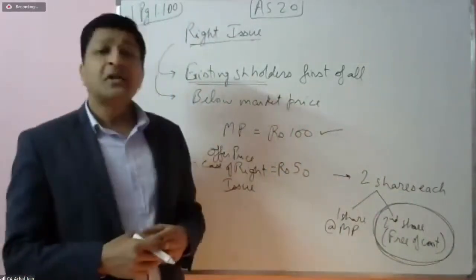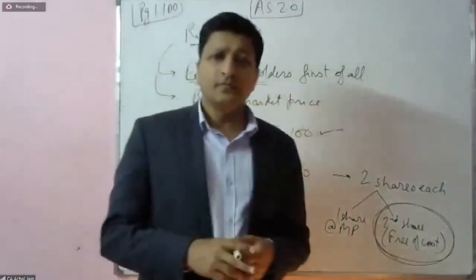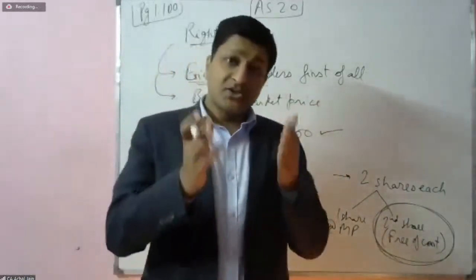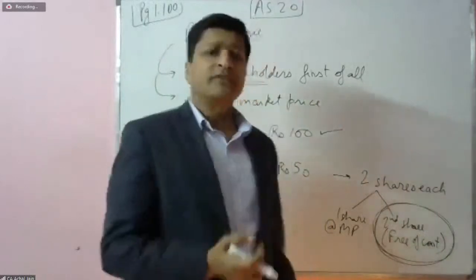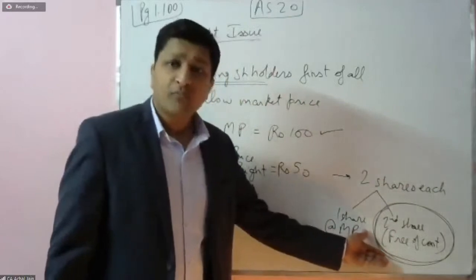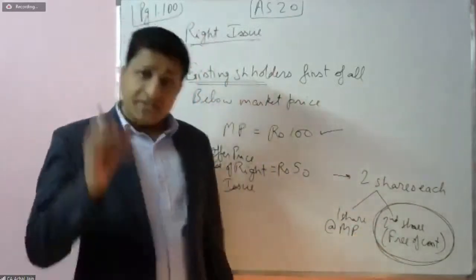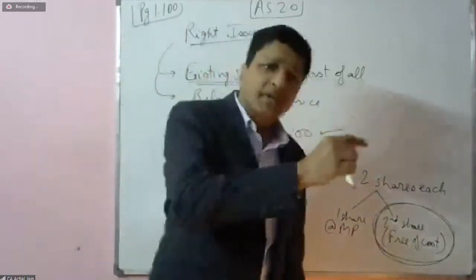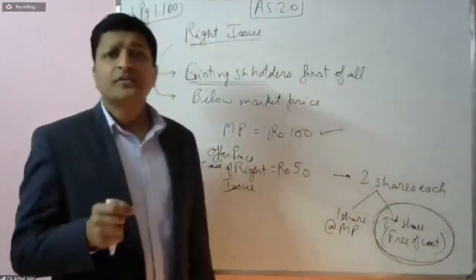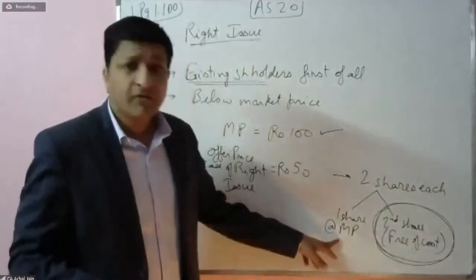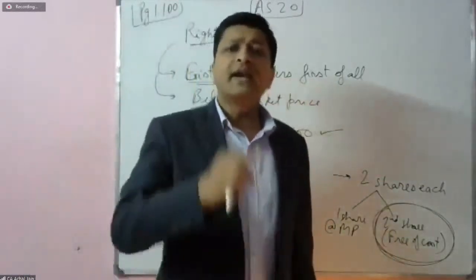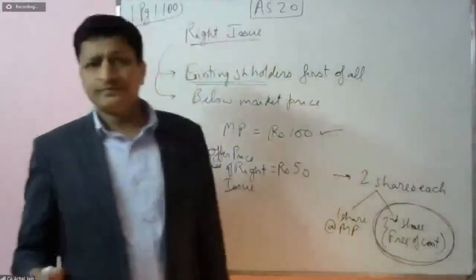Okay, and what is that adjustment that we will be required to do? We will have to check the portion of the right issue which is in the form of bonus issue. That portion will be considered from the beginning of the year, and the portion of the right issue which is equivalent to the market price, that will be considered from the date of issue of right shares.